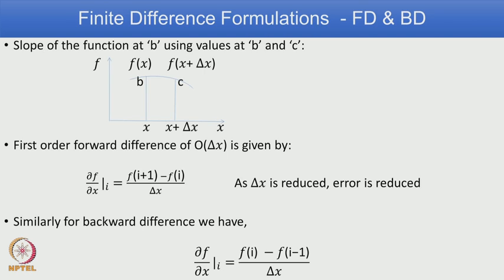It is also to be noted the error associated with the derivative gets reduced as the delta x is reduced. Now, in today's class we will see detailed steps on how to obtain this backward differential scheme formula.